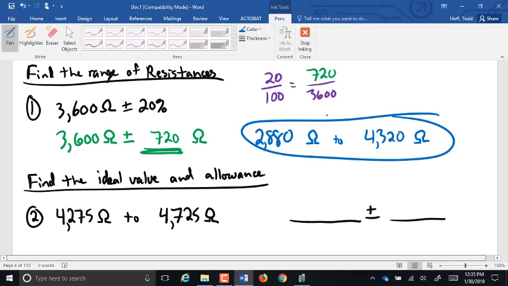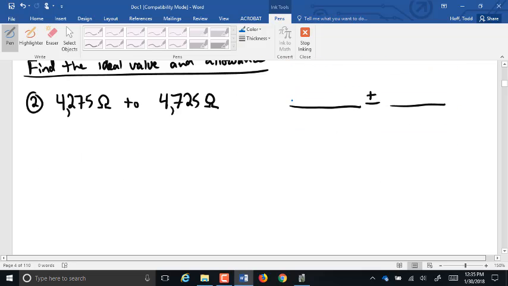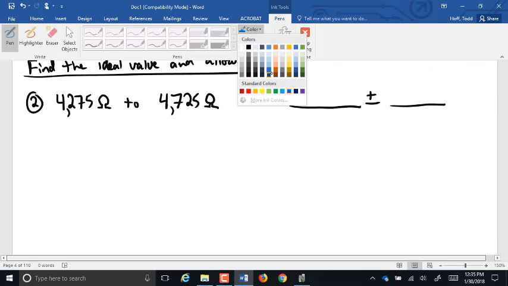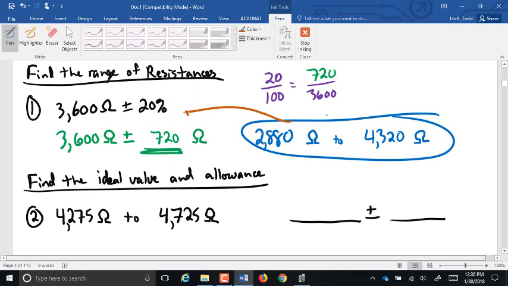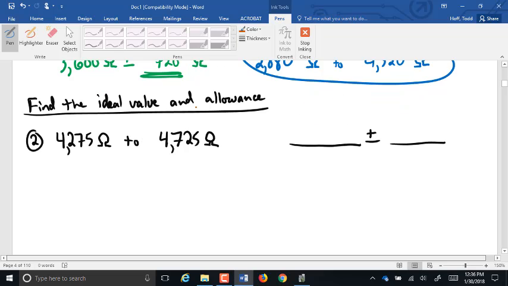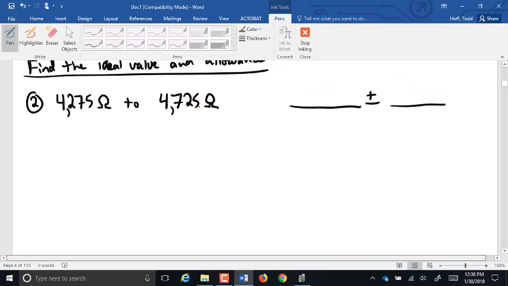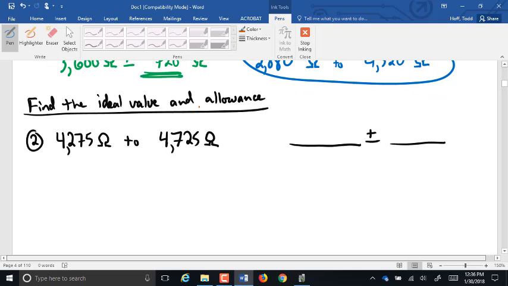Okay. Number 2, given the range, find the ideal value and allowance. In other words, we're going back the other direction from what we just did up there. How do I find what the ideal value would be here? It's going to be right between those two numbers, right?